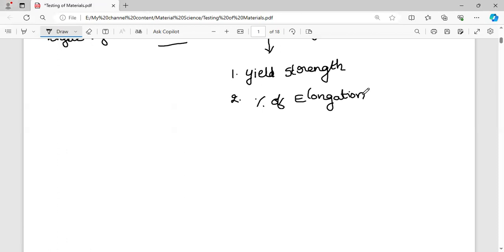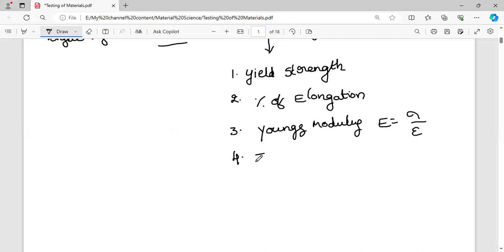Percentage of elongation can be found out by using the Universal Testing Machine. After that, Young's modulus of the material can also be found. Young's modulus is the ratio of the stress and strain of the material, which we already discussed in the previous videos on mechanical properties of the materials.